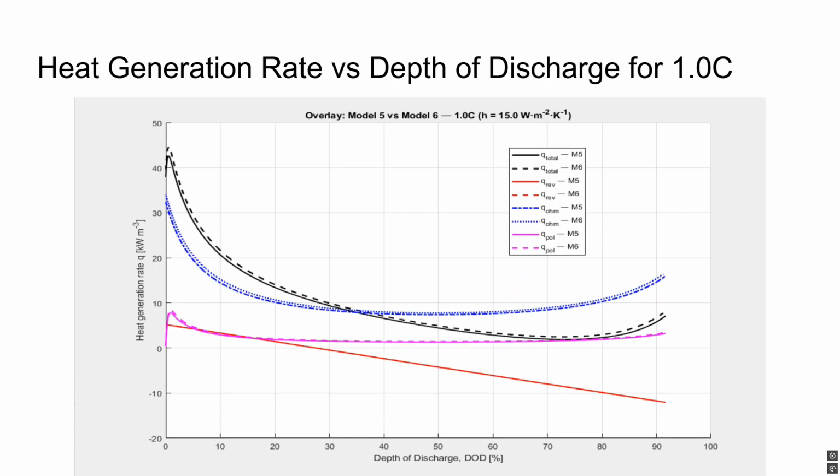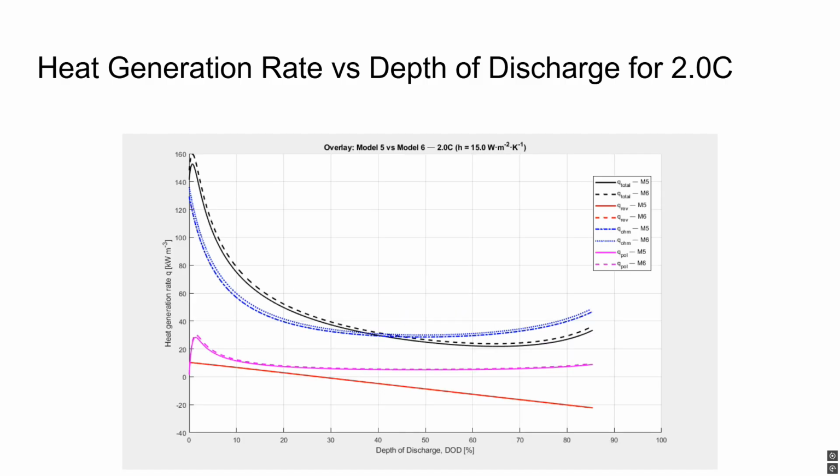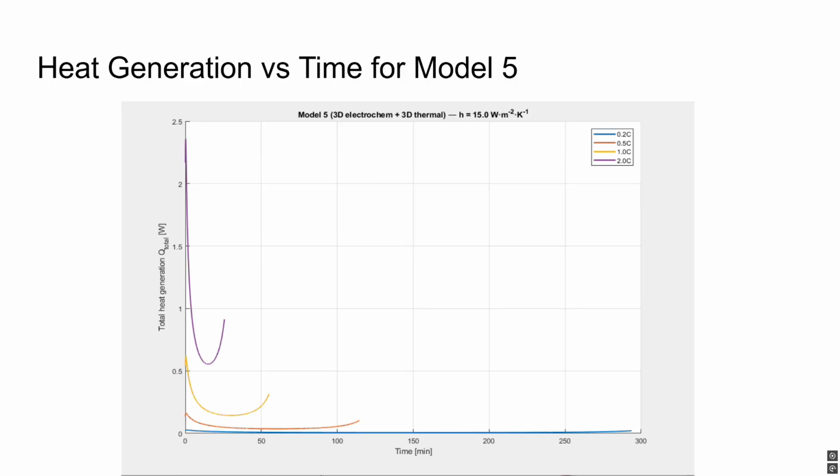And the next slide would be the same plot at a different discharge rate of 1C. And then the next slide would be at 2C for both Model 5 and Model 6. And on the next slide, I generated the total heat generation versus time instead of the depth of discharge for both models.